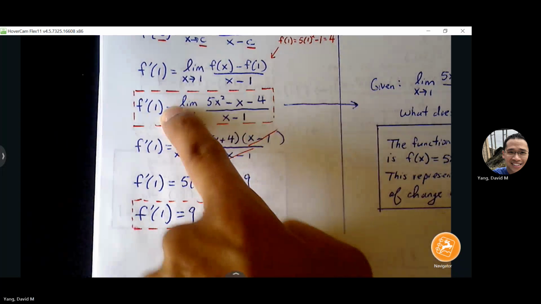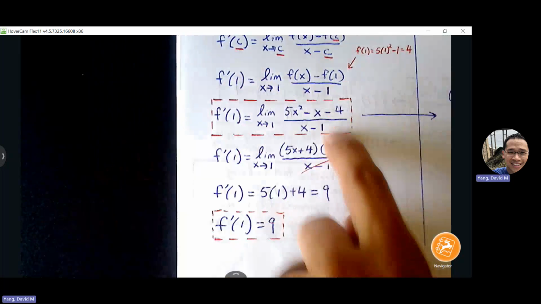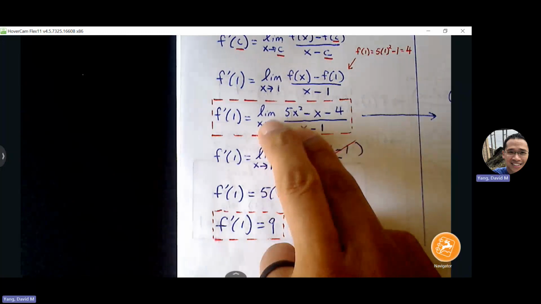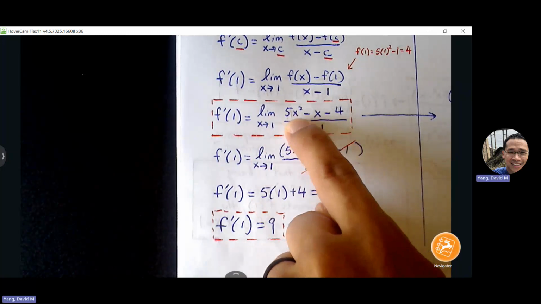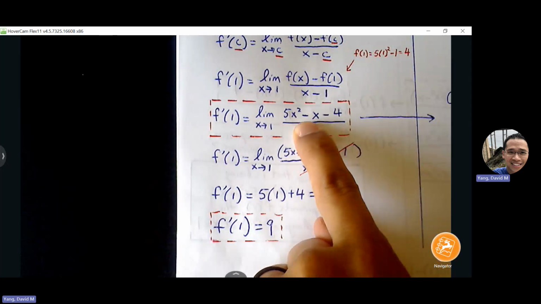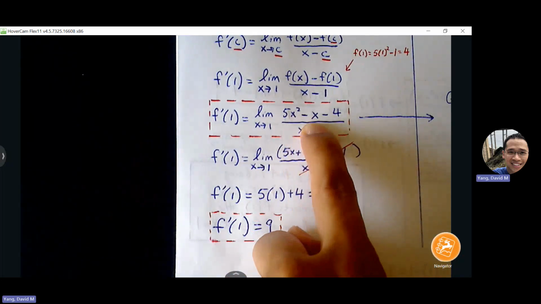So if we were to look at this without that f prime of 1, would we be able to tell what function this is coming from? This is easier, right? Because the 5x squared minus x is not changed as much as in the general definition. If you see this notation, you know this must be coming from 5x squared minus x.